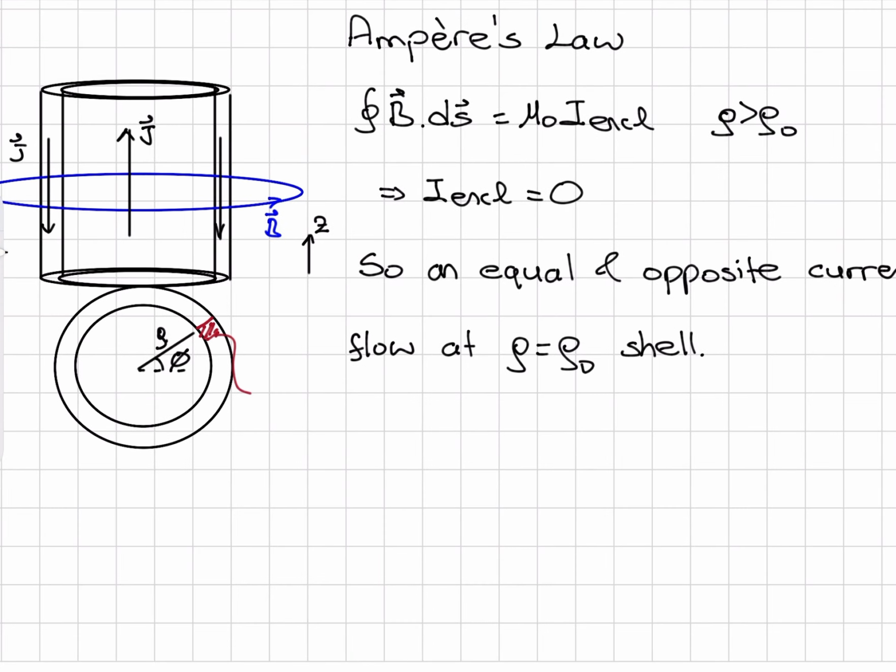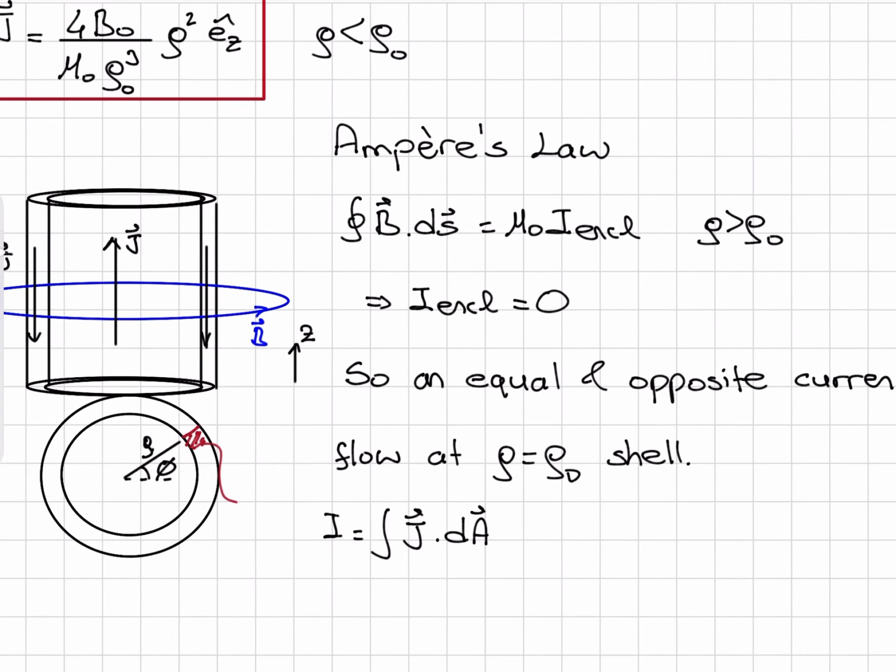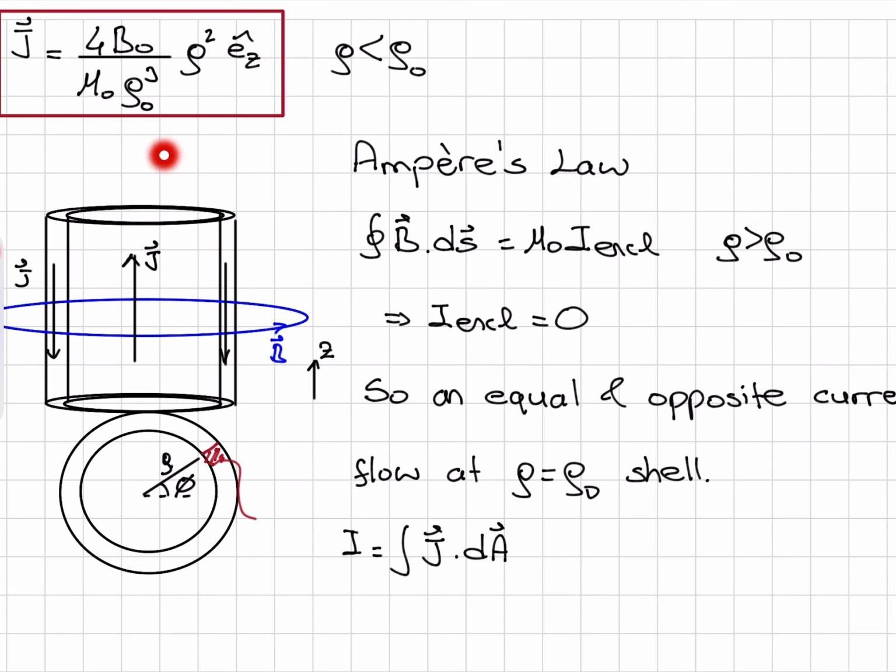And how do we calculate the total current inside? It's the current density J dot product with the area vector dA. And now we have the current density given here.